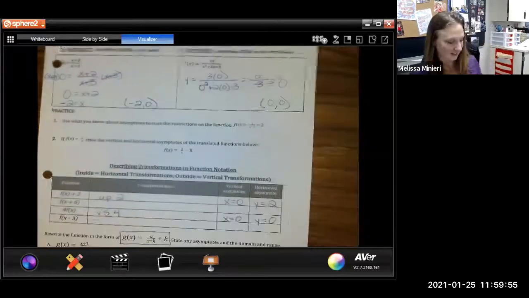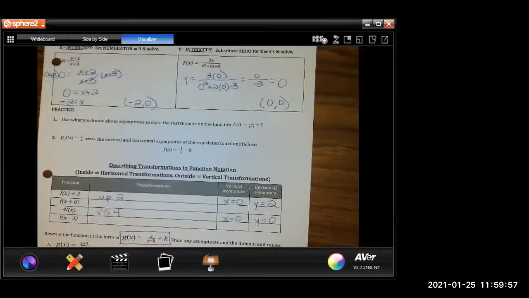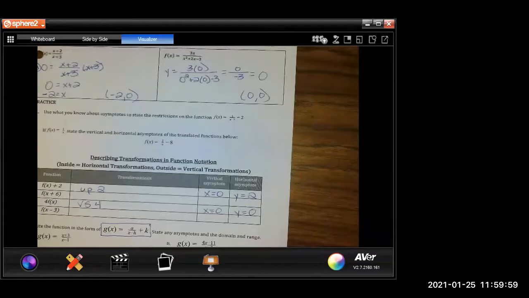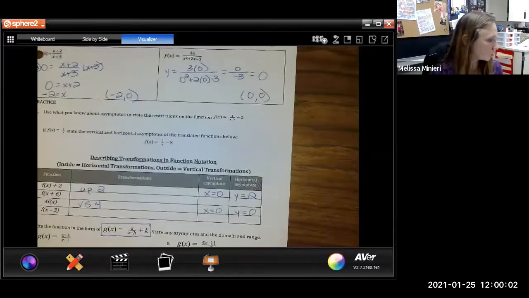Other questions? On the homework? Yes, ma'am. 9.1? Sure. So this sounds weird, but I really understand the inverse variation, right? Is that what it's called? Yes. Okay, but I don't understand the direct variation. Well, the good news is that one I'm least concerned about.